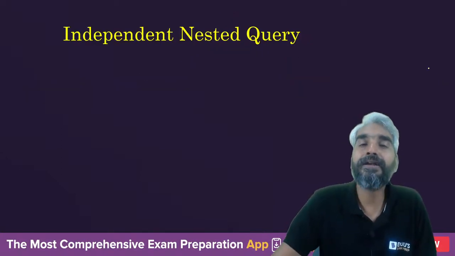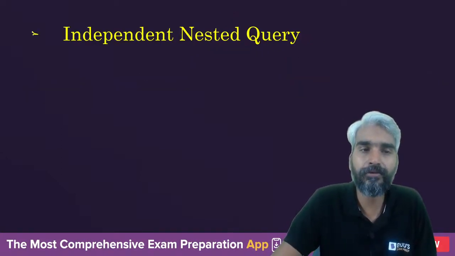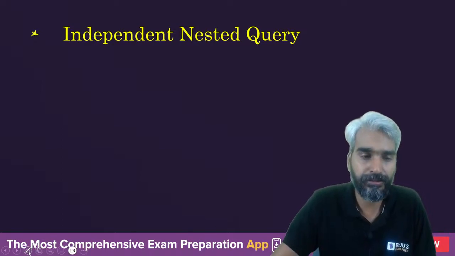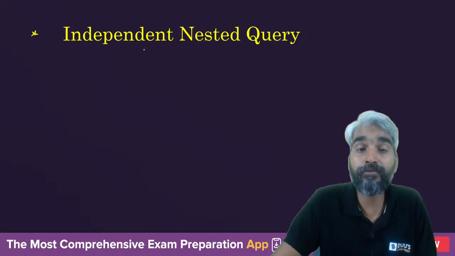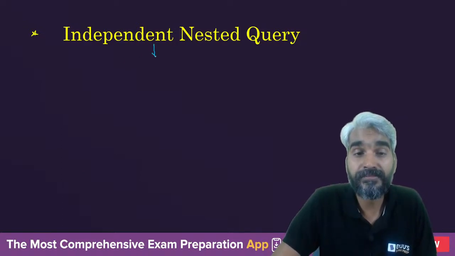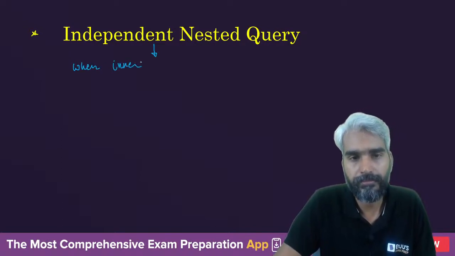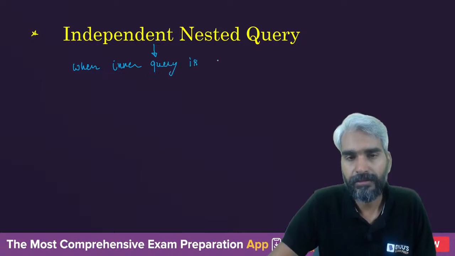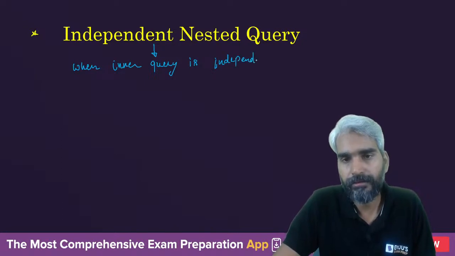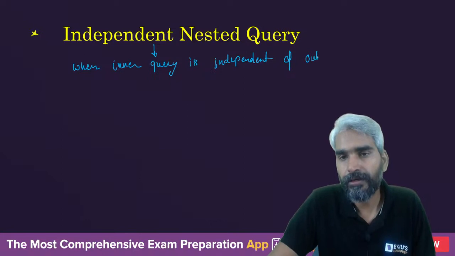What is an independent nested query? When do we say that a query is an independent nested query? We say that the query is an independent nested query when the inner query is independent of the outer query.